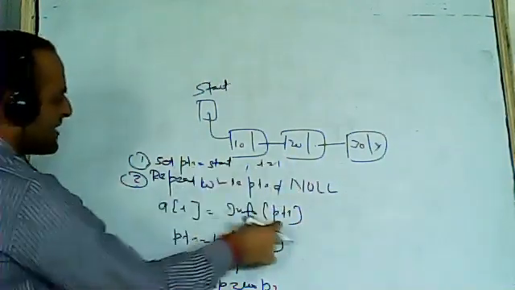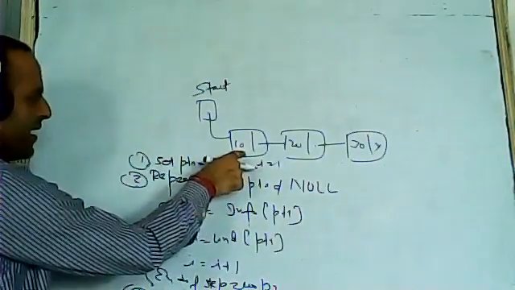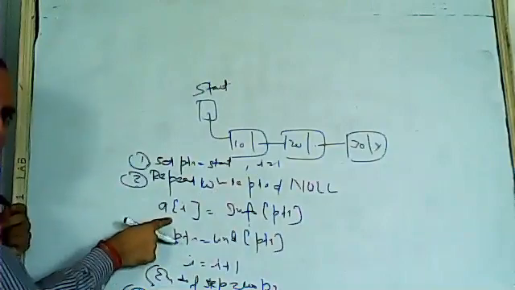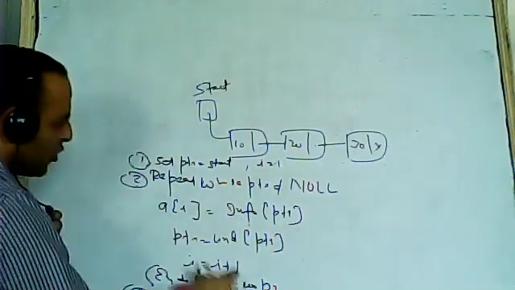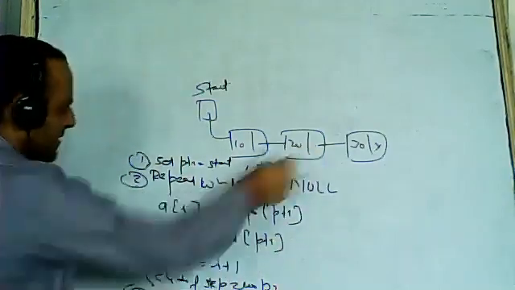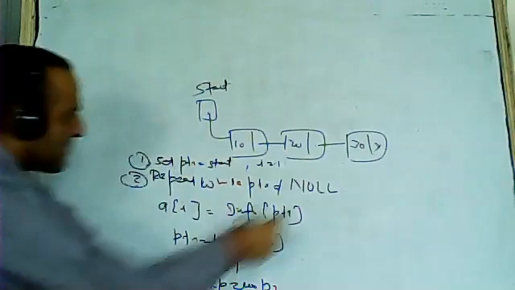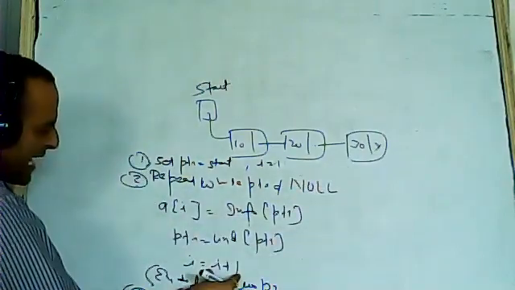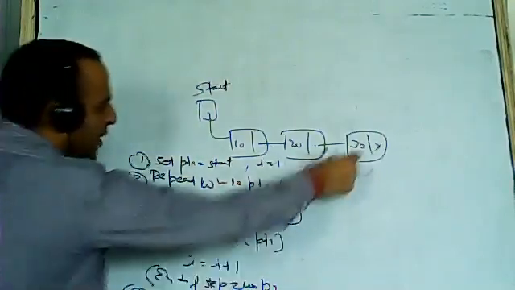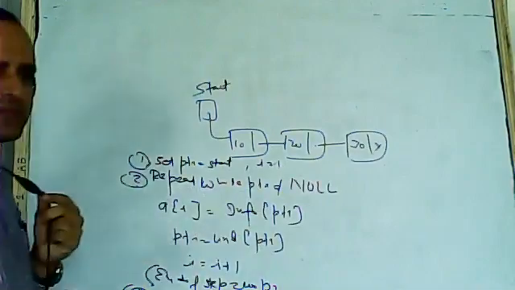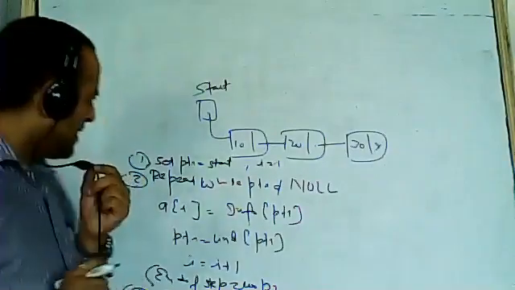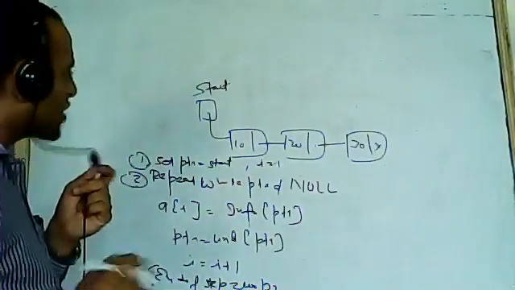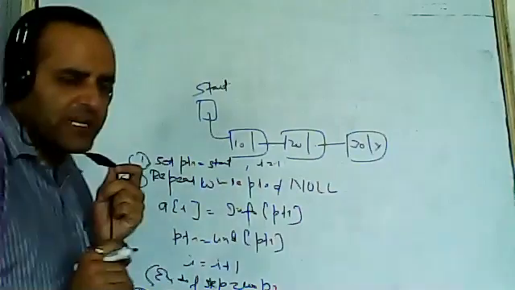Pointer is at start. What is info at pointer start? 10. It will go to the first position of the array. I will jump to the second node. Pointer will come here. I will be 2. A2 will be info of pointer, 20. I will jump to the next node. I will be incremented. A3 will be info of pointer, 30. Yes or no? This is copying all the linked list elements to the array.